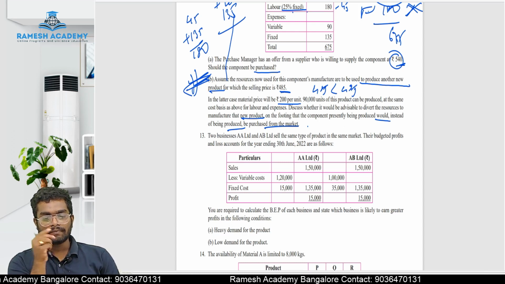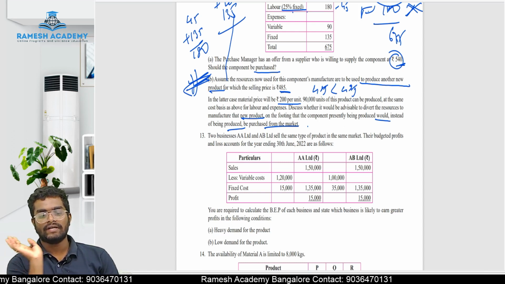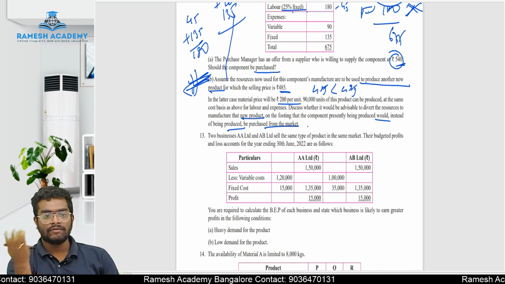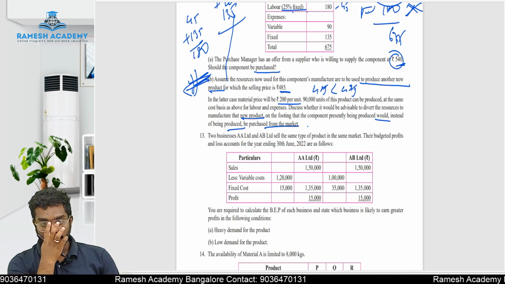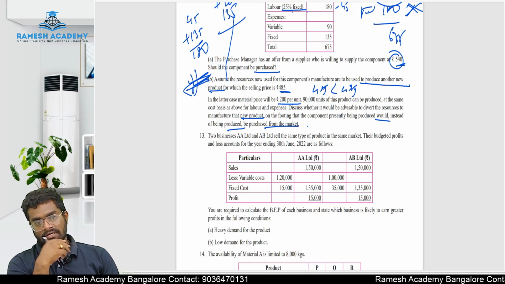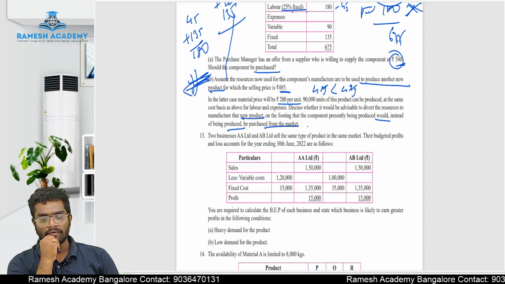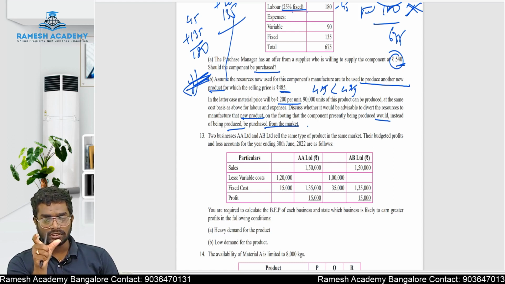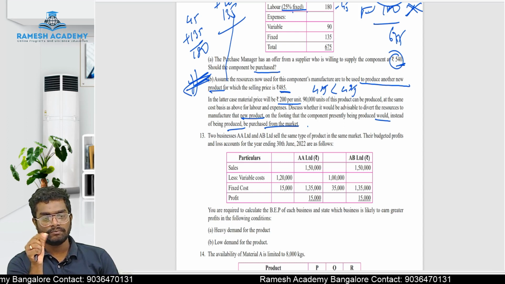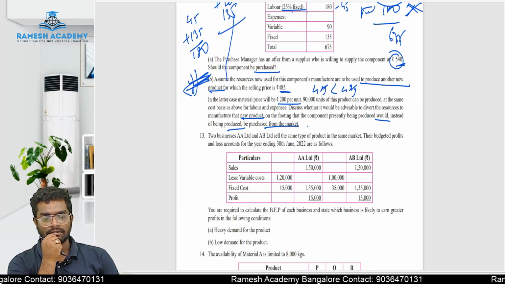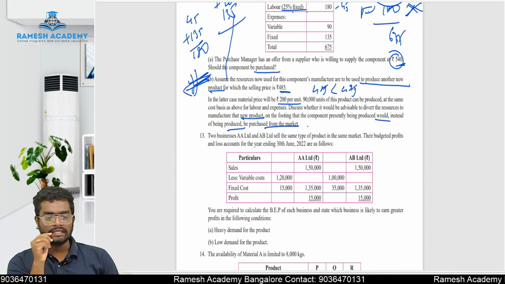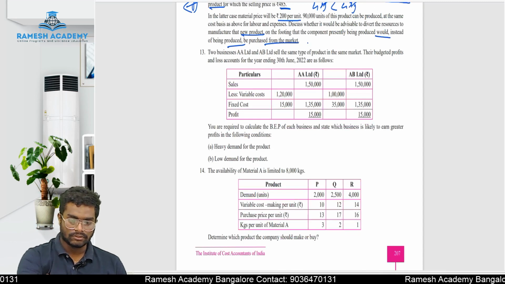Next we have to find which will make greater profit in heavy demand. The one having the higher variable cost will make more profit when fixed cost is less, because if there is heavy demand you will get more contribution, then you will earn more profit. If there is low demand, the one having more fixed cost will earn more profit. So that is the thing. You can answer 13.